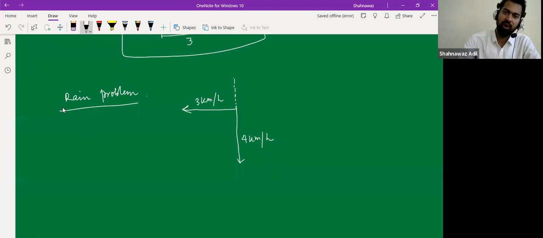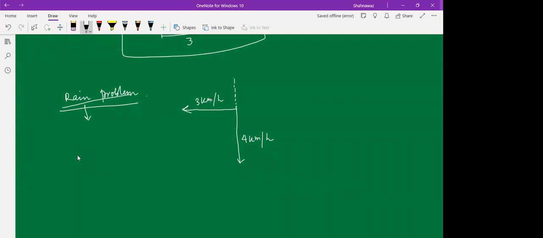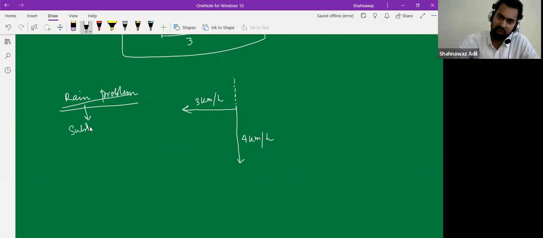So in the rain problem, what do you calculate? Can you guys remember? This is case 1 or case 2? Case 2. Yes, case 2. So we calculate subtraction or relative motion, relative velocity. Right.